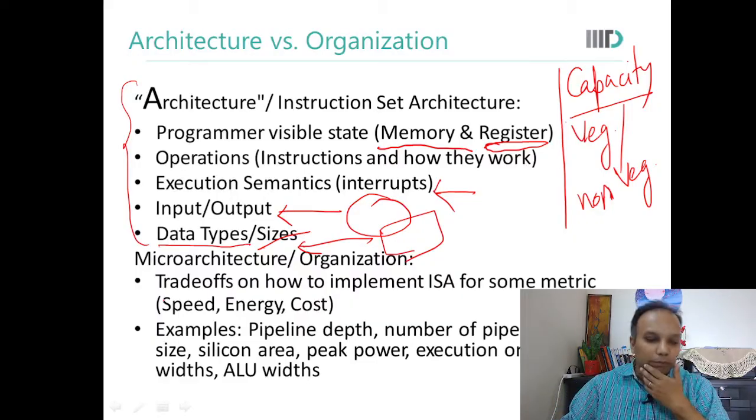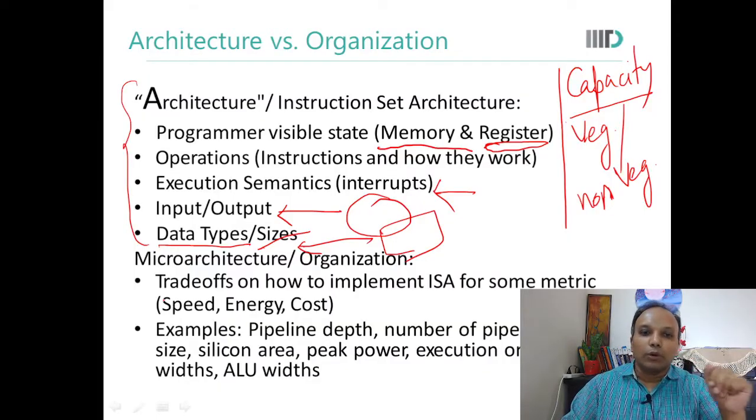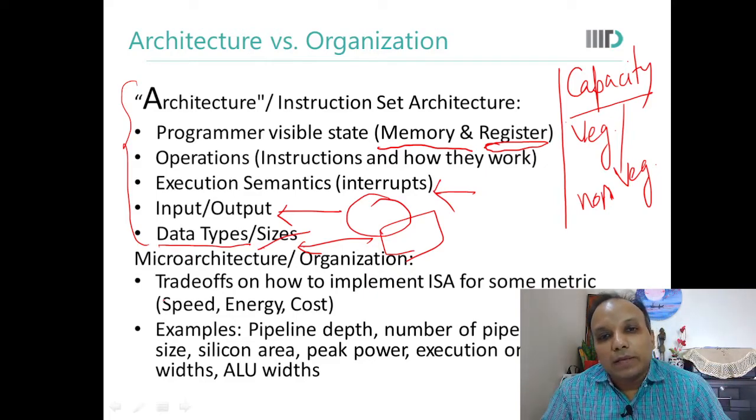That may be a good example. So whether it has only one cuisine or multiple, like Asian, South Indian, and so on. All these things are defined as part of the ISA.